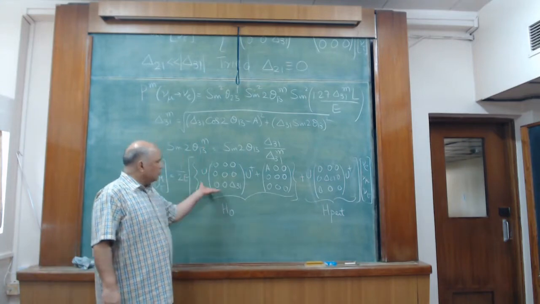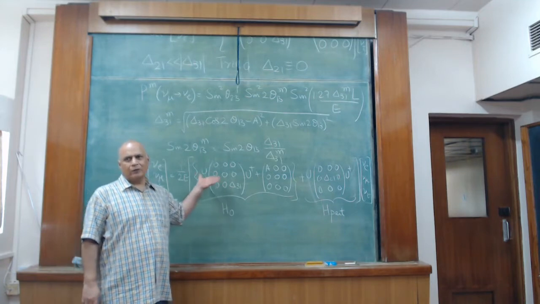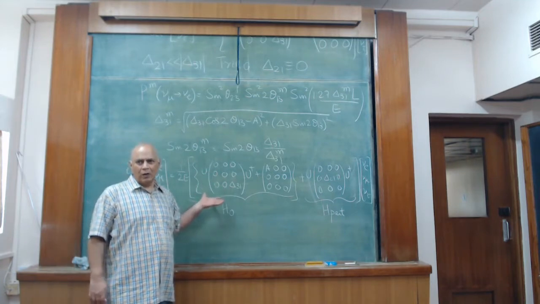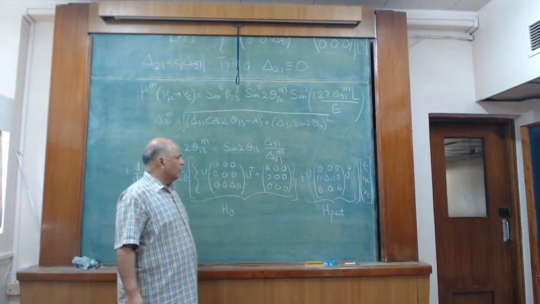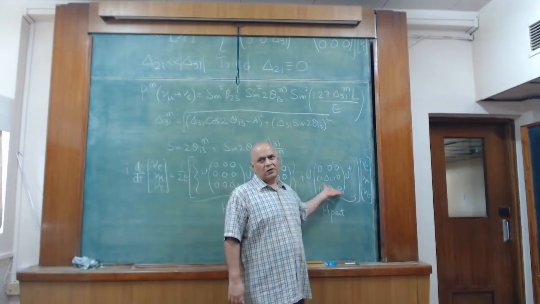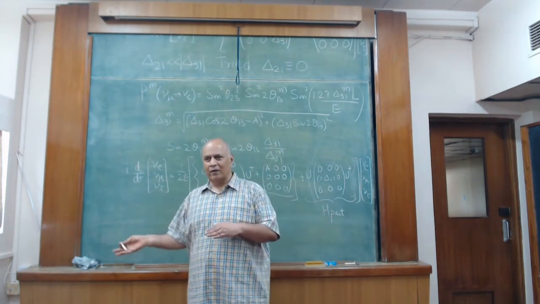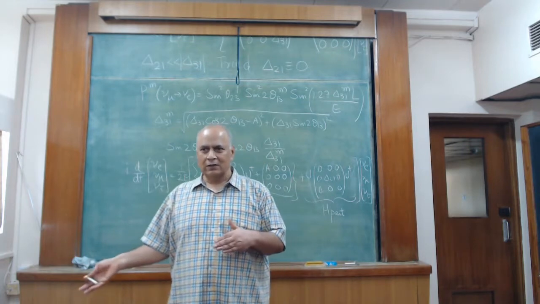And I have already solved the eigenvalue problem. I have determined the eigenvalues and eigenvectors of H naught, and using those eigenvalues and eigenvectors, I use this H perturbation to calculate the change in eigenvalues, change in eigenvectors.